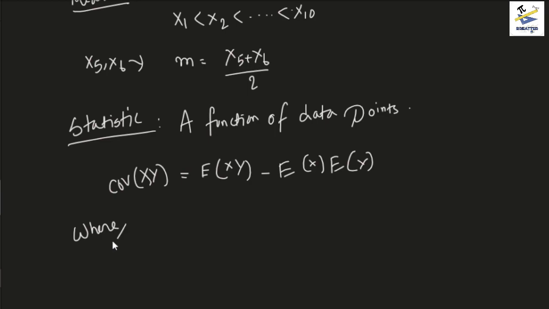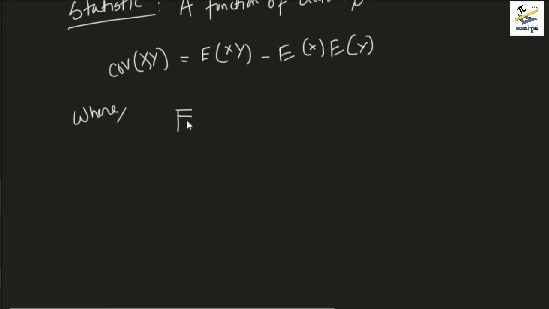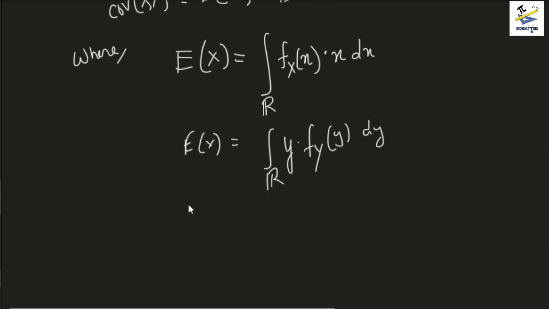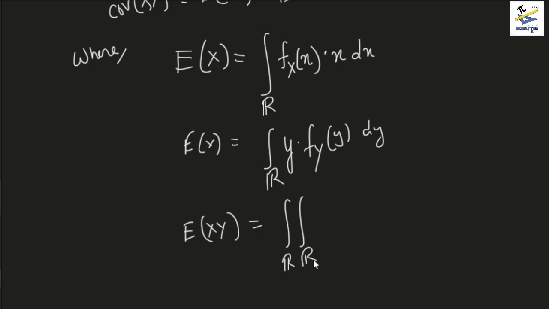Where E of Y is defined as the integral over all R of y into f of y dy, and E of XY, on the other hand, is basically a double integral where f of xy (x comma y) is the joint distribution of x and y.